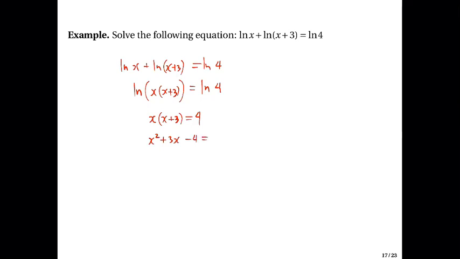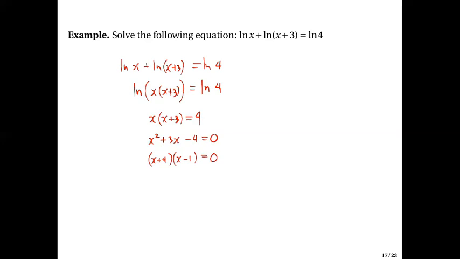And this is equal to 0. Then you can work on this. Let's use factoring. This is x plus 4 times x minus 1 equals 0. So try to check. This is the factored form of this guy here.